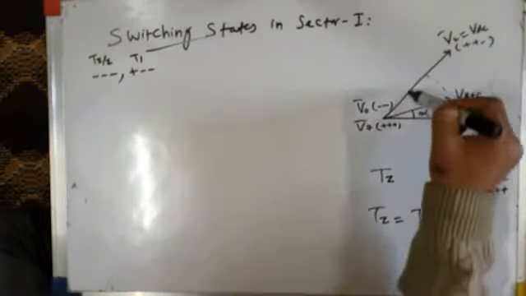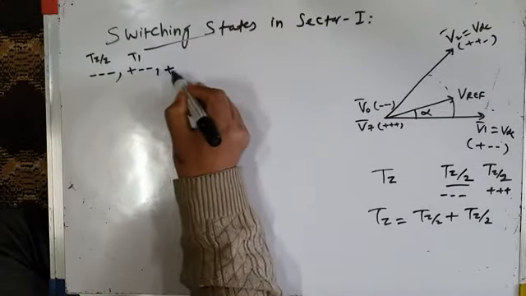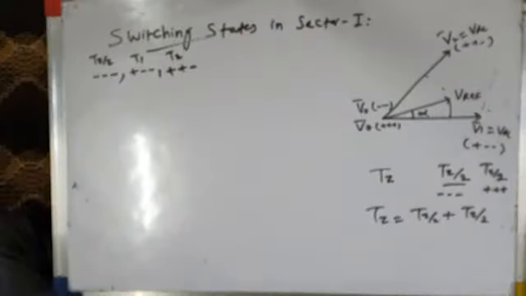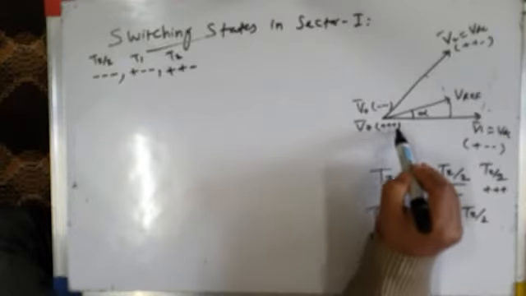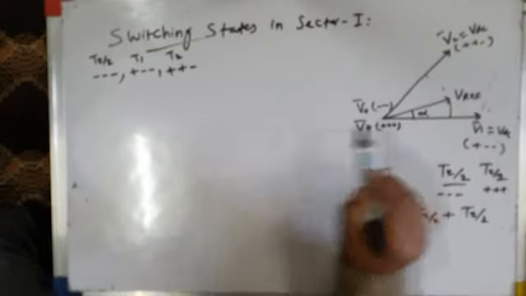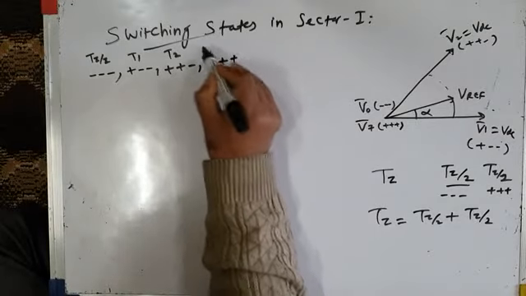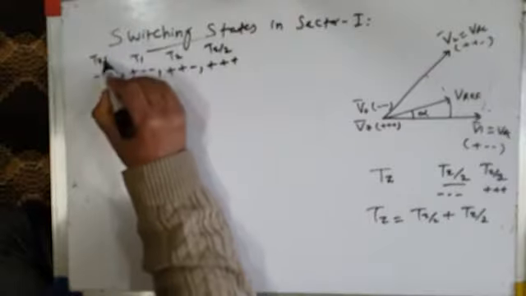Then I apply voltage space vector V2, which represents the switching state plus plus minus for time interval T2. And then we apply another zero voltage vector V7, whose switching state is plus plus plus for another Tz by 2. Now you must understand this.